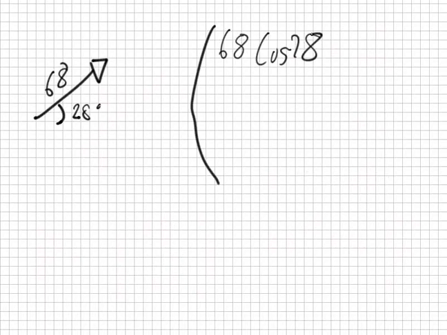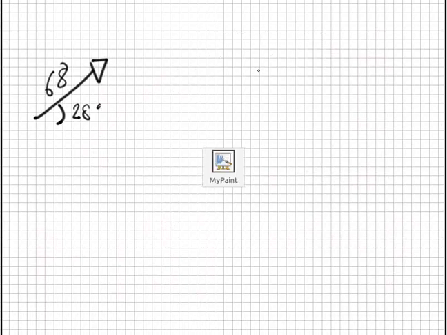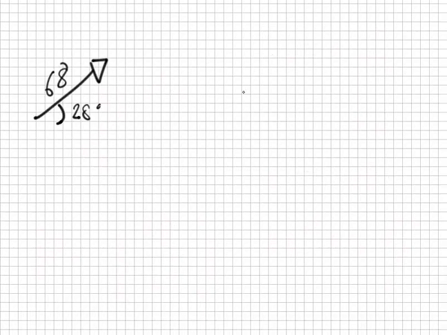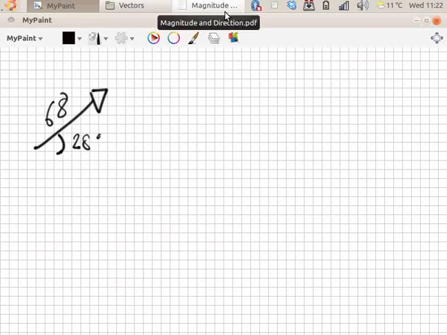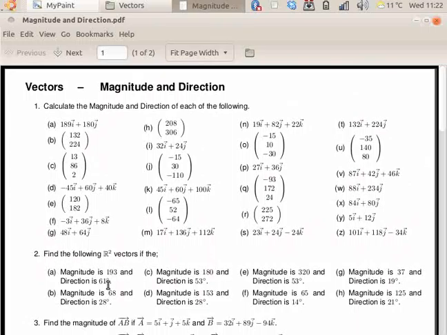Sorry, the direction is supposed to be... The word direction should be in the arrow. Hang on. Is the problem that we misread it? The magnitude is 68 and the direction is 28 degrees. So we can see that the 28 is the angle.